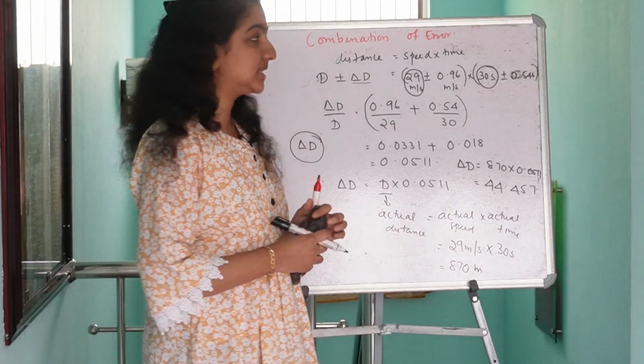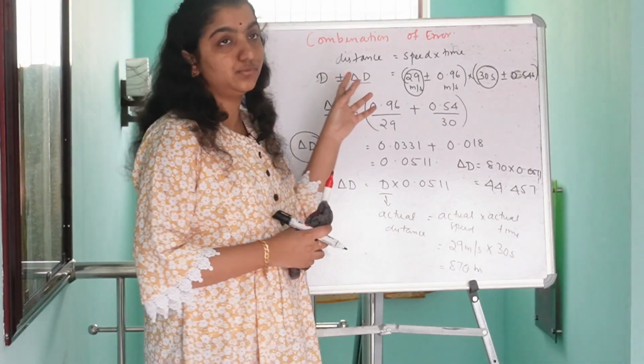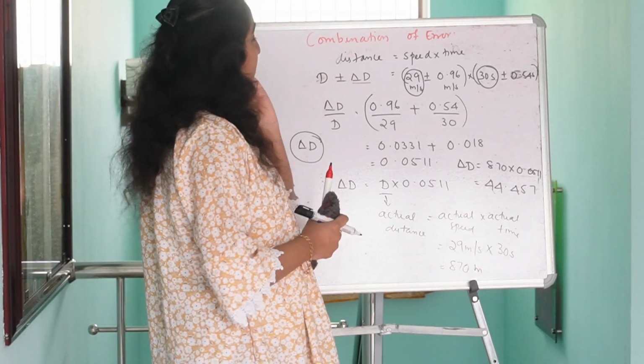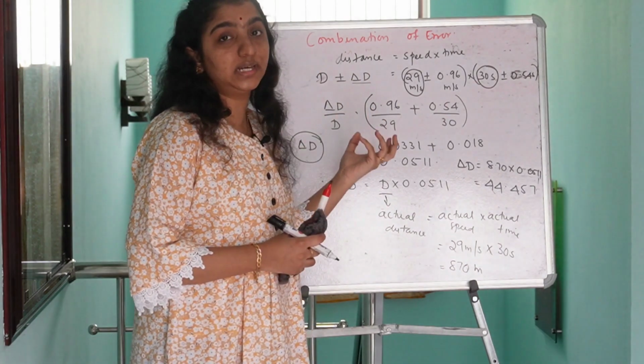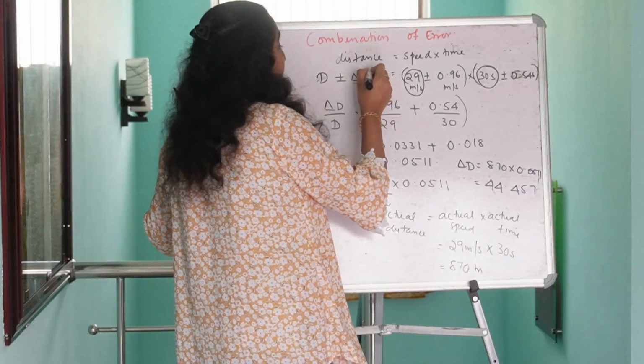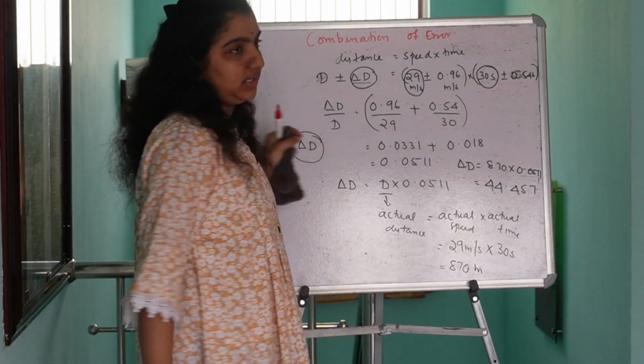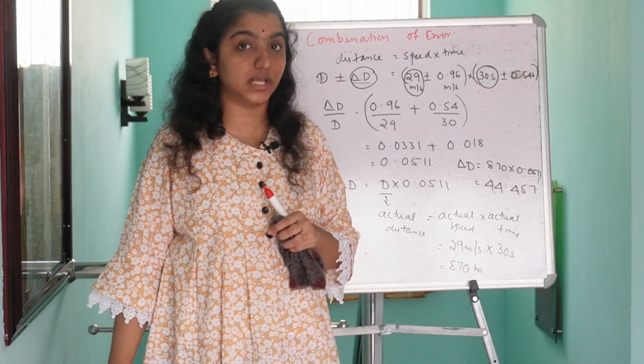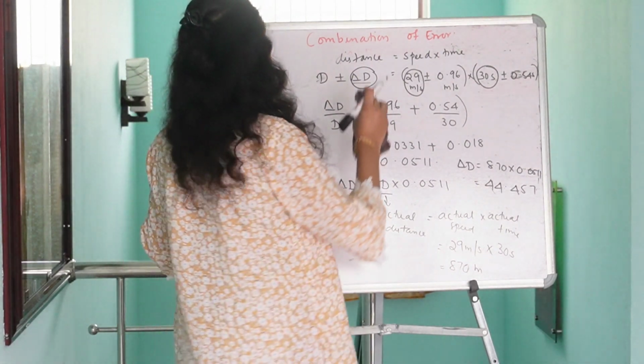Is it clear, guys? How to find the relative error in the resultant, and how to find the error in the resultant when we are multiplying two physical quantities. Is it clear? Yes.